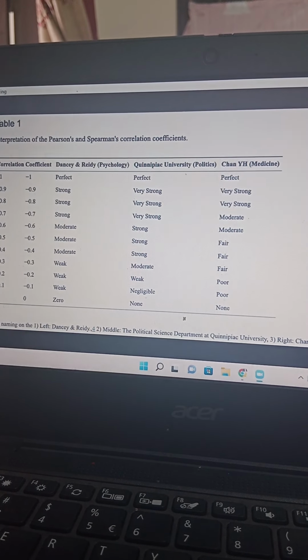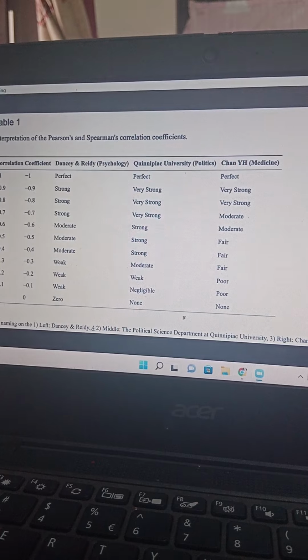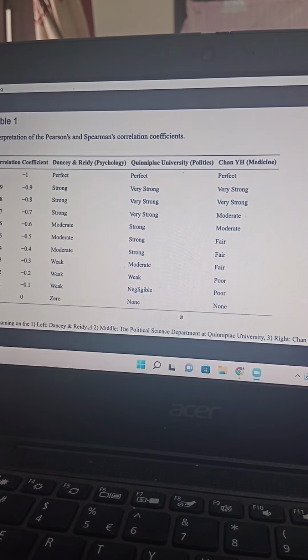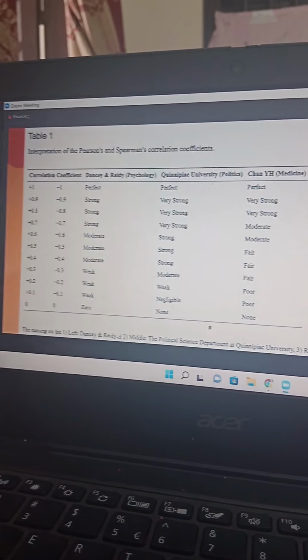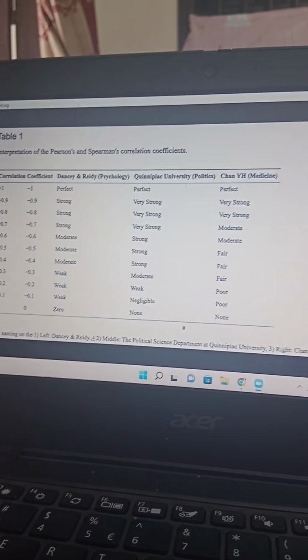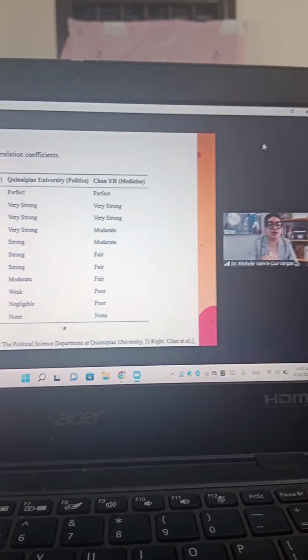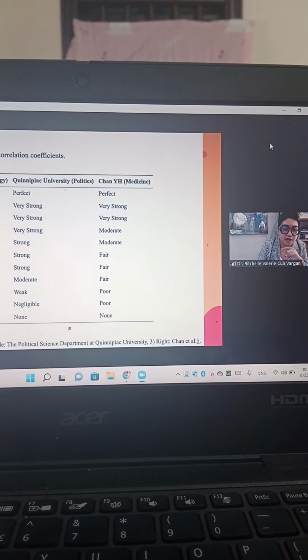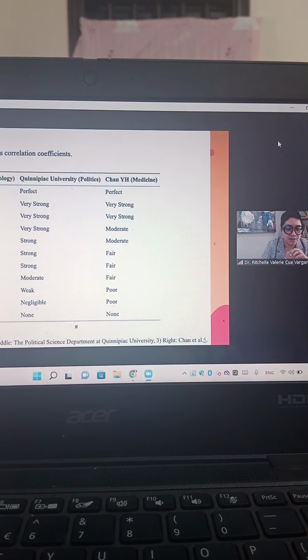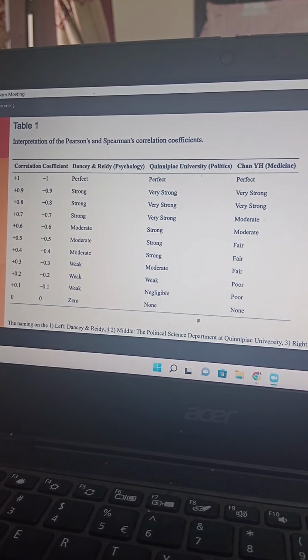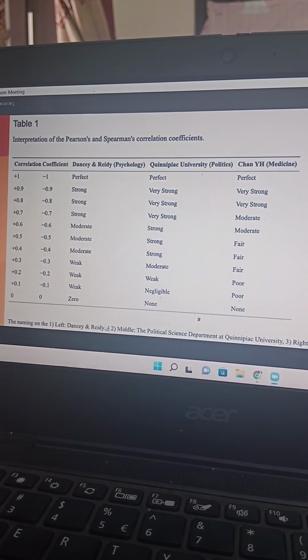If the value is positive, you will say weak positive correlation. If the value is negative, you say weak negative correlation. So, okay, that is how you interpret the value of R. You look into the range given here in the table, and then you see if the relationship is strong, moderate, weak, and so on.